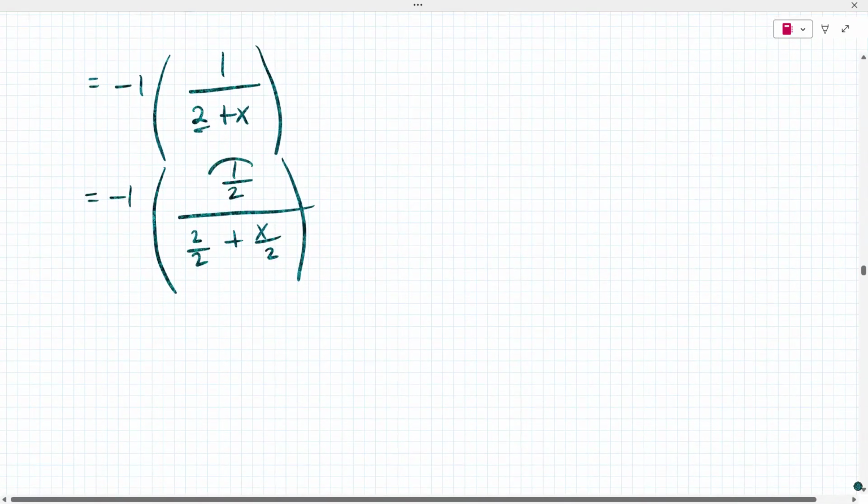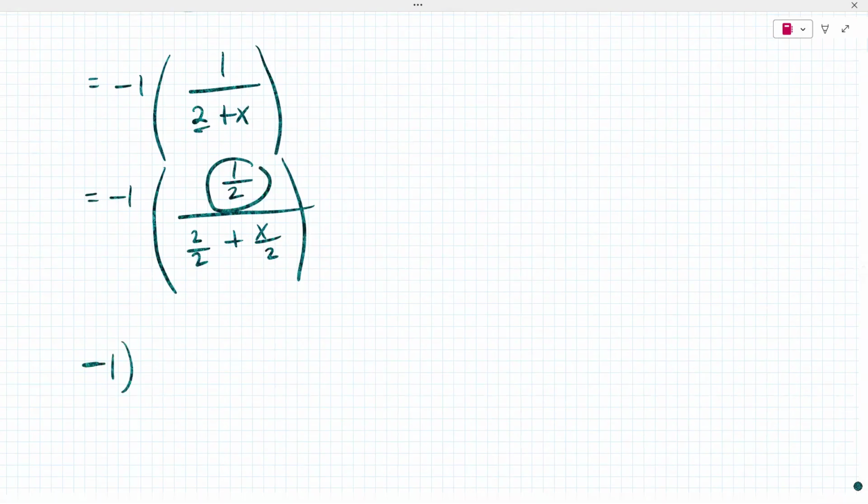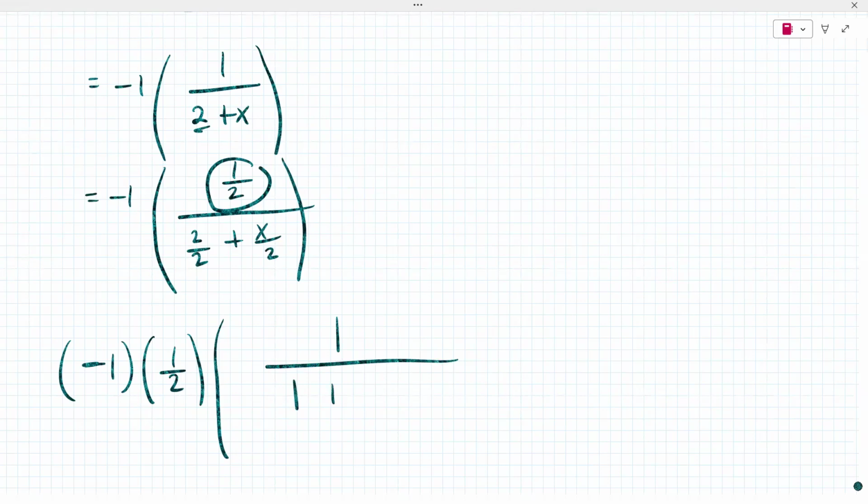And now I want to make this 1/2 into a positive 1. So it's going to be negative 1 times 1/2, and you have 1 over 1 plus x over 2.